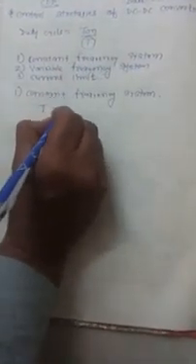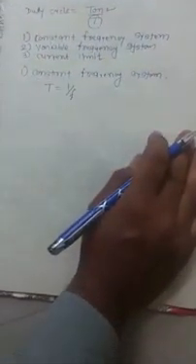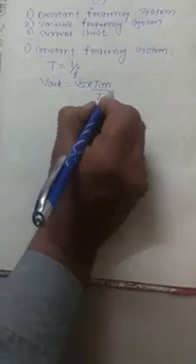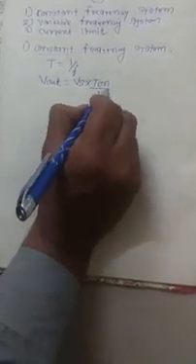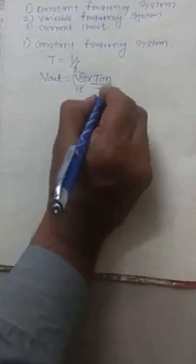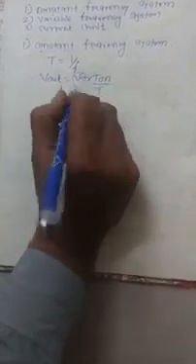The time T is constant, T is equal to 1 upon F, that means frequency is constant, due to the change of the T on time. In a buck converter, as you studied, output voltage is equal to Vs into T on upon T. For example, the supply voltage is 50 volt and the duty cycle is 50%, that means 0.5 into 50 gives an output voltage of 25.